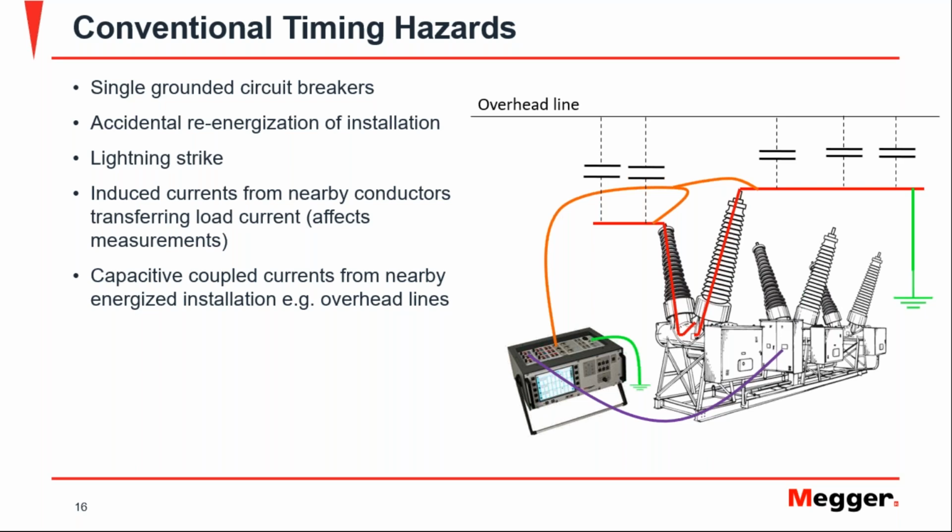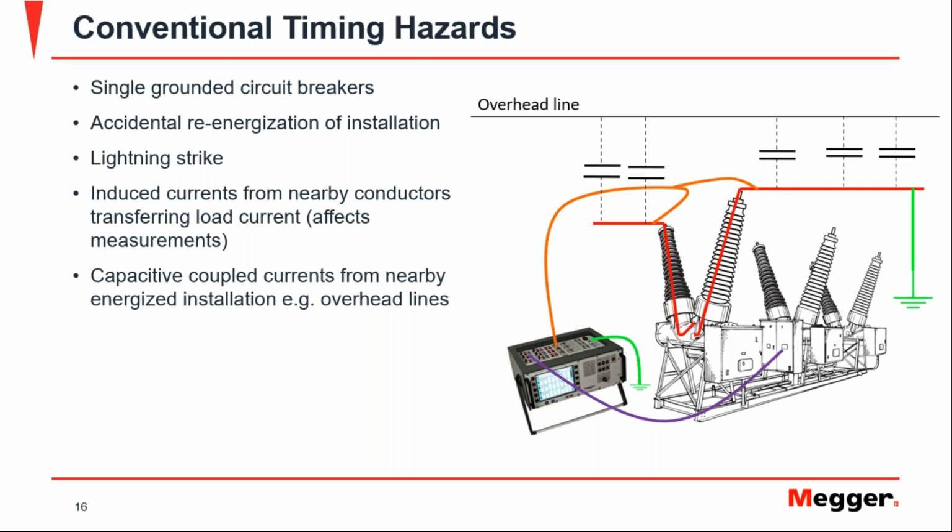So the very first step when finalizing a test, or whenever you're going to handle leads, is to ground before disconnecting. So conventional timing means that you have to ground, connect leads, and then after finishing, you need to connect ground again to be able to go ahead with the procedure of the disconnection.